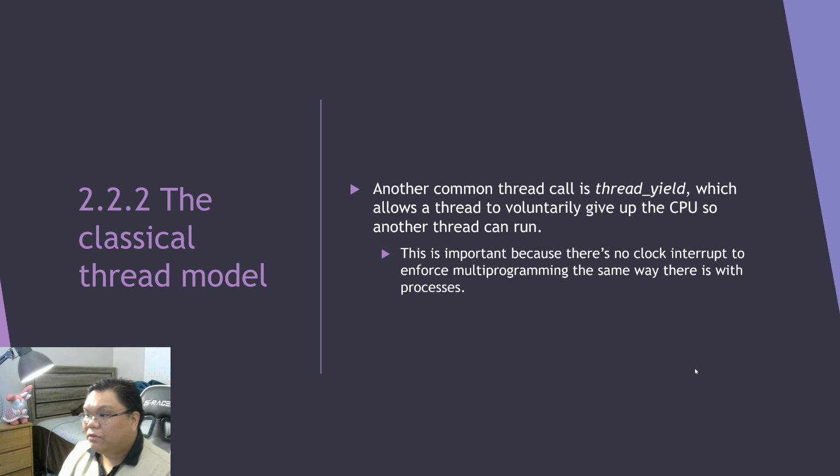Another common thread call is something like thread yield, which allows a thread to voluntarily give up the CPU so another thread is run. And this is because there's no clock interrupt to enforce multi-programming the same way there is with processes.